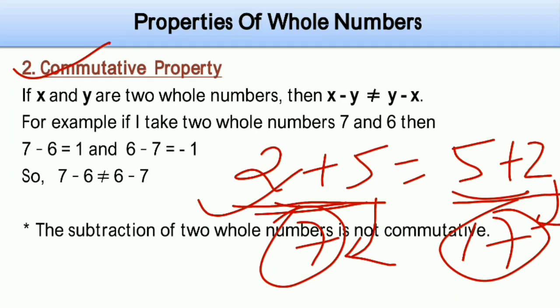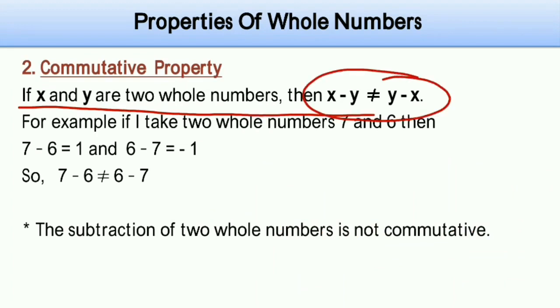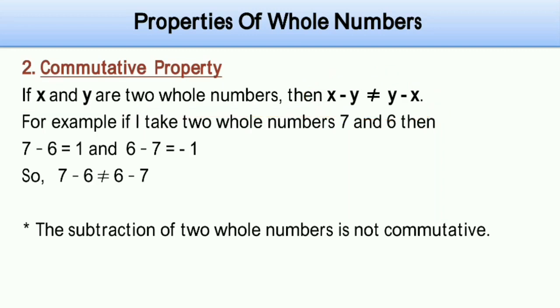But what about subtraction? Here we can say that if x and y are two whole numbers, then x minus y is not equal to y minus x. It means if we change the order of the numbers, then the result will be different. For example, take two whole numbers 7 and 6. 7 minus 6 is 1, and 6 minus 7 is minus 1.